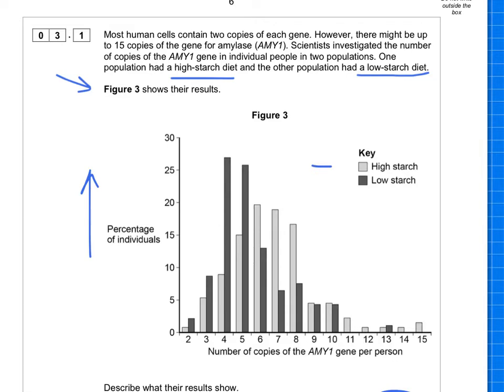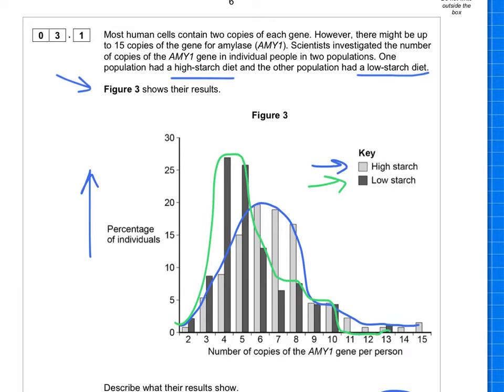So let's look at high starch first. So you can see high starch, just joining the points together because I think it's easier to see, and then low starch, I'll use green. Okay, so low starch has a bigger peak, but then it decreases quickly.